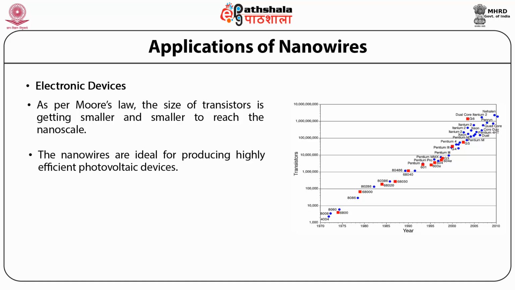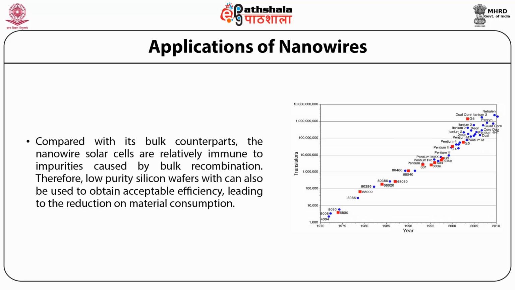The nanowires, with unique one-dimensional structure and excellent optical properties, are ideal for producing highly efficient photovoltaic devices. Compared with its bulk counterparts, the nanowire solar cells are relatively immune to impurities caused by bulk recombination.